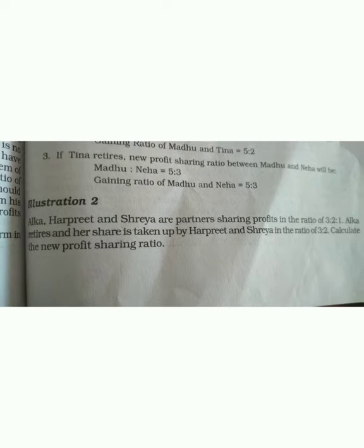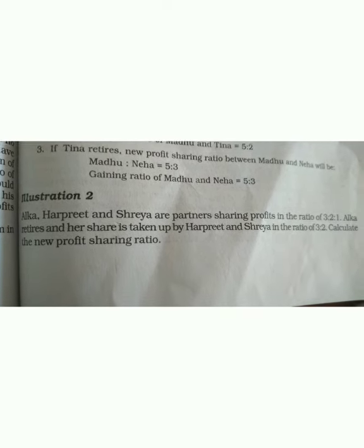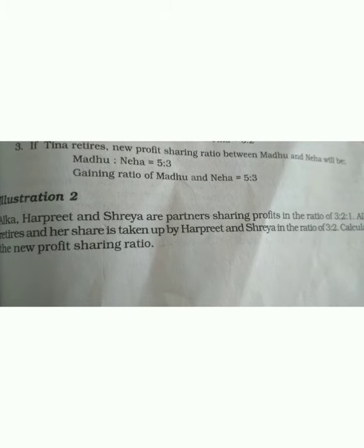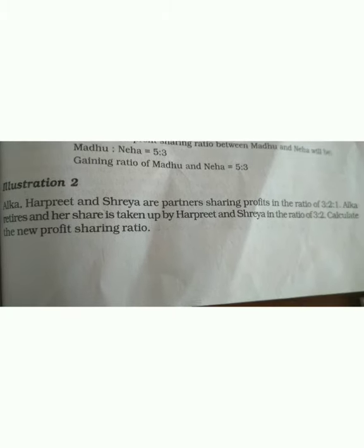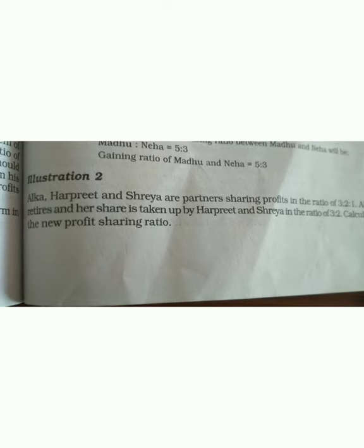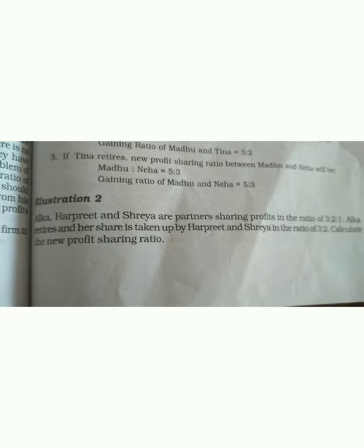See, here we have a problem. Alka, Harpreet and Shreya are partners sharing profits in the ratio of 3:2:1. Alka retires and her share is taken up by Harpreet and Shreya in the ratio of 3:2.